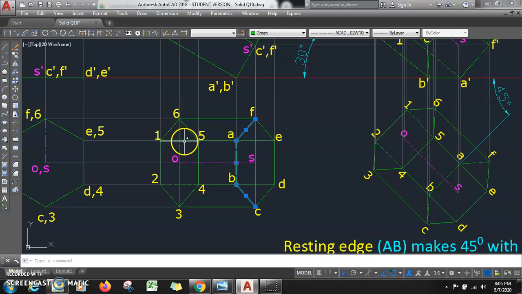So dotted line will be shown from 1 to 5 and 2 to 4. This much only, and axis will be OS. Okay, so in this way I will be in a position to complete step number 2.